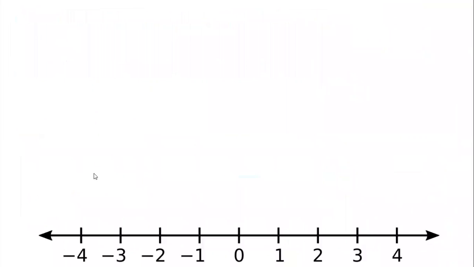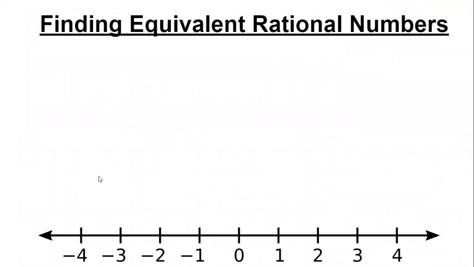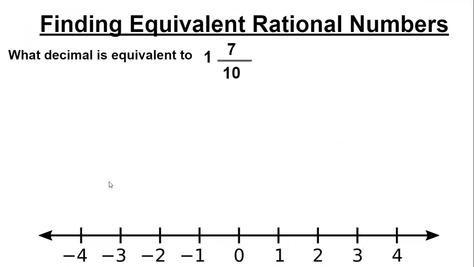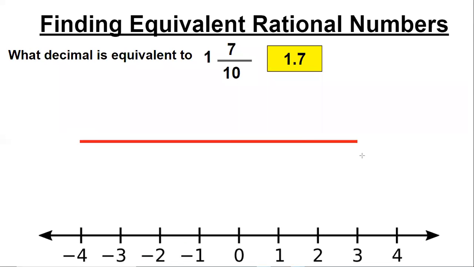All right, moving on. Finding equivalent rational numbers. What decimal is equivalent to 1 7/10? 1 7/10. 1.7. That's like saying you have a number line and you have the numbers 1 and 2.